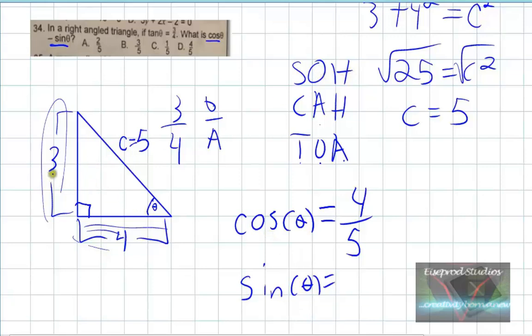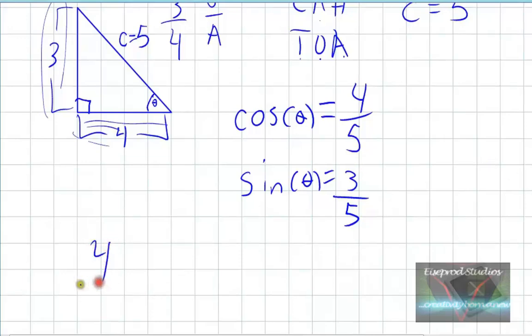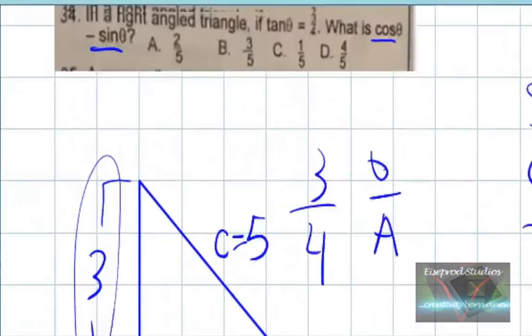So the opposite side length is 3, the hypotenuse is 5. And now we just subtract the two to figure out what our answer is. They want cosine minus sine, so I'm going to take 4/5 minus 3/5. It's just 1/5. So that's our answer.